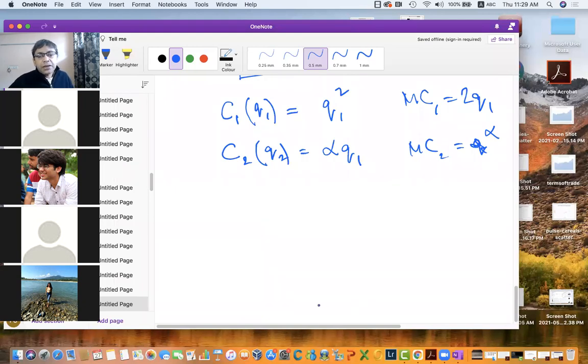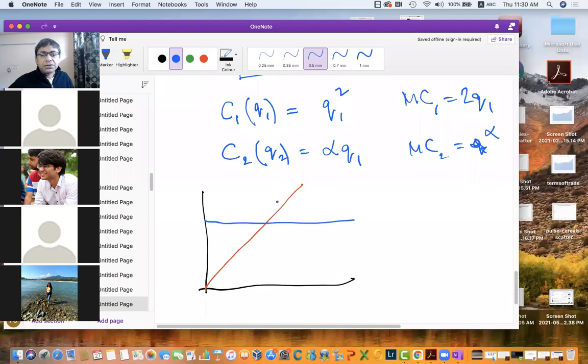Now think about it intuitively first. Let's draw the two marginal costs in this picture. So 2Q1, that's like this straight line. This is MC1, and this is MC2.